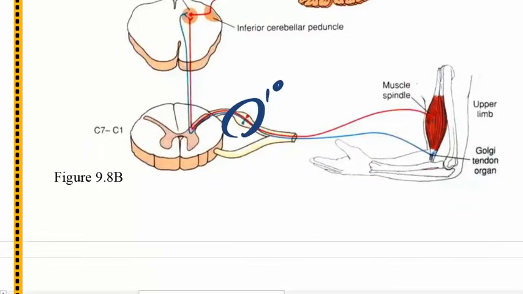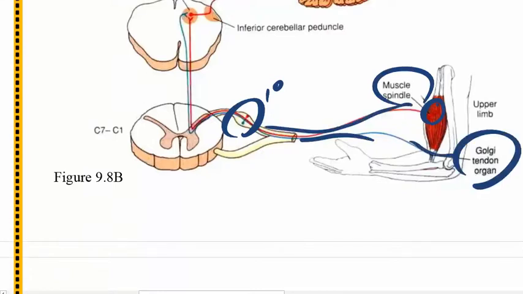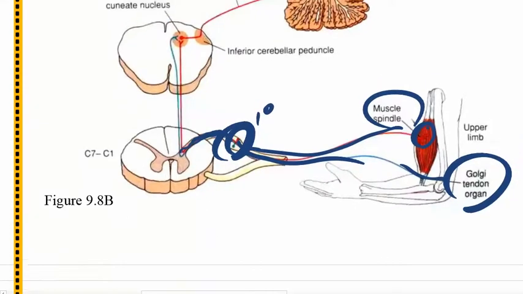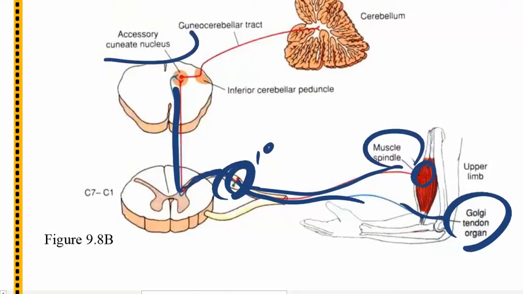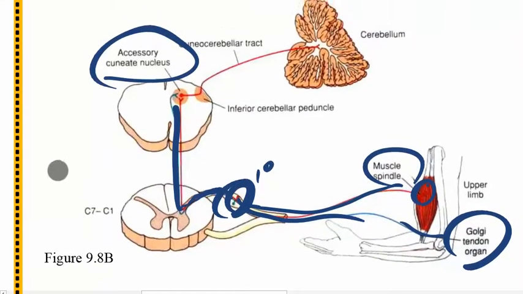Now notice the receptors, so here you have the muscle spindle and your Golgi tendon. These are coming up, and the afferent is the primary neuron. Now the axon is going to go through here, then move up and synapse in your accessory cuneate nucleus.